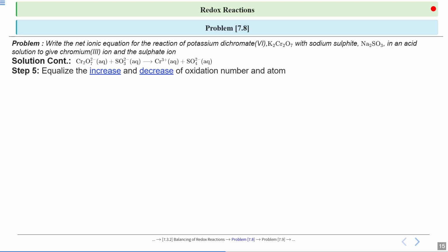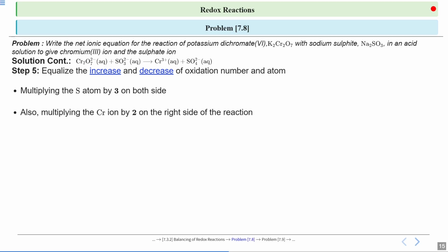Now in step 5, you have to equalize the increase and decrease of oxidation number and the atoms. So in this reaction, we can multiply the sulfur atom by 3 on both sides, also multiplying the chromium ion by 2 on the right side of the reaction.